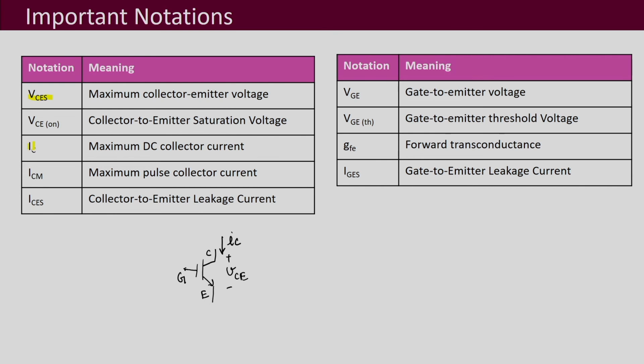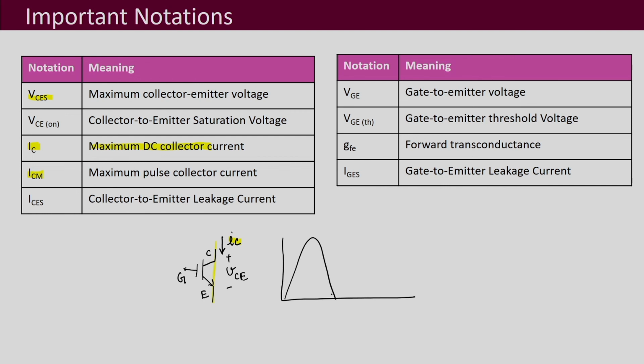Then is your IC, which is your maximum DC collector current. That means if we continuously keep on passing current through it, then based on the temperature, what could be the maximum collector current that can flow, that is your IC. And ICM is the maximum pulse collector current. I have discussed this before also in case of diodes and also in case of MOSFETs.